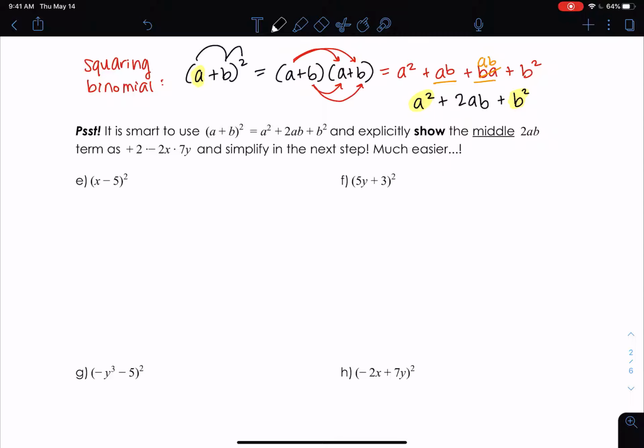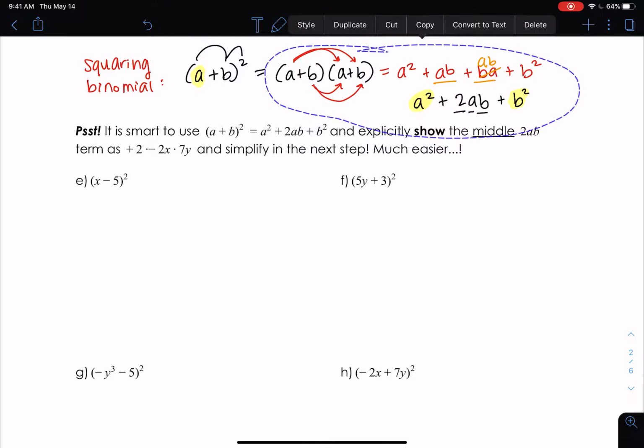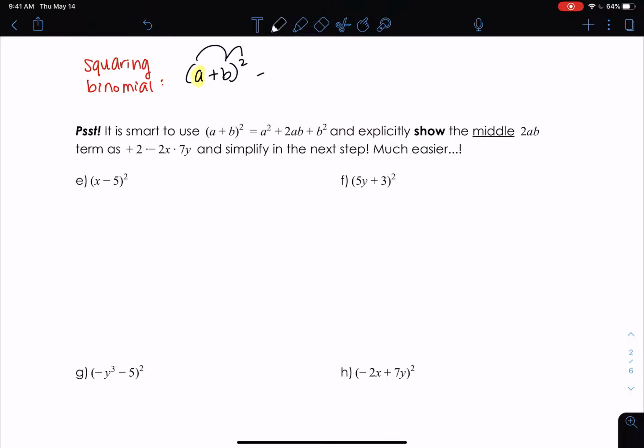So we're going to write plus 2ab. Let's apply that formula. Here, let me rewrite it. Let's just apply that formula and breeze through these problems as though we need no work.